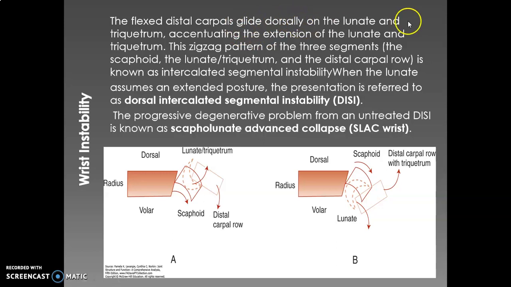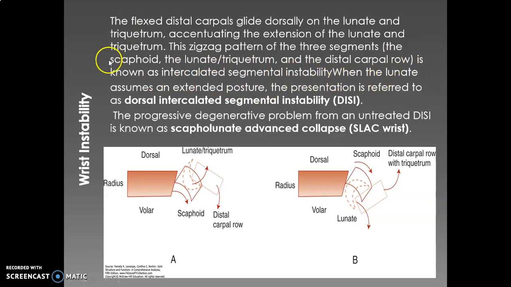So they are gliding dorsally, posteriorly, on which proximal carpal bones? We don't have scaphoid here. We are talking about lunate and triquetrum. Accentuating means trying to increase the extension of the lunate and triquetrum. This zigzag pattern of the three segments, the scaphoid, the lunate-triquetrum, and the distal carpal row, is known as the intercalated segment instability.